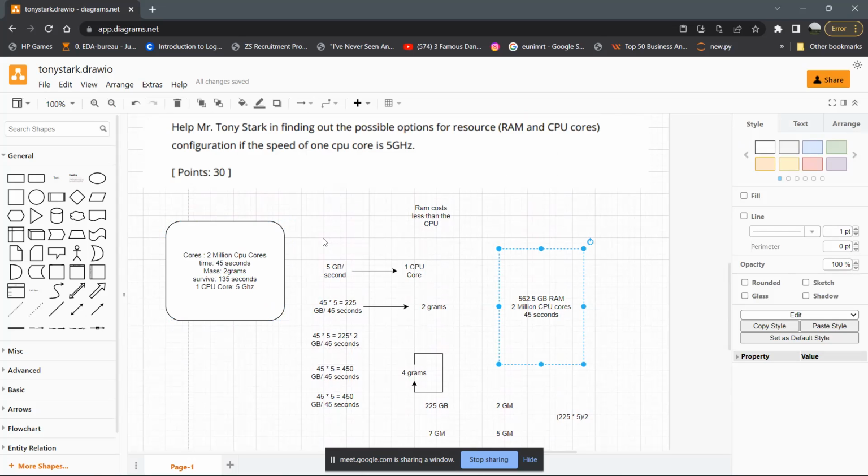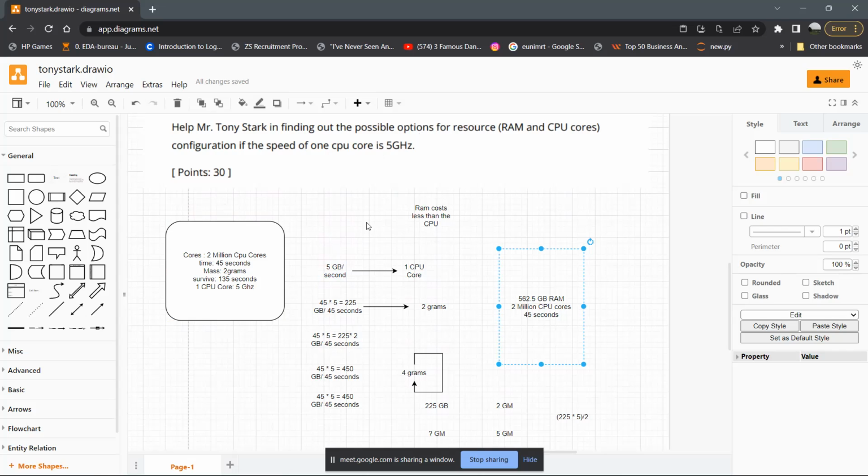But what I don't understand is when you say one CPU core is 5 gigahertz, where does the 5 gigahertz come into play? So it is taking 1 second for 5 GB. Gigahertz is nothing but 1 second for 5 GB.